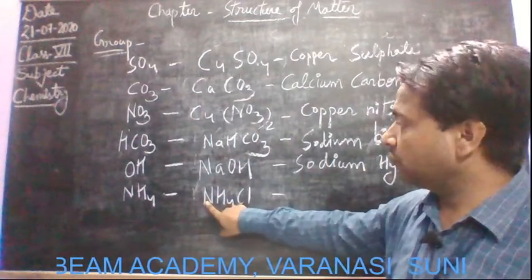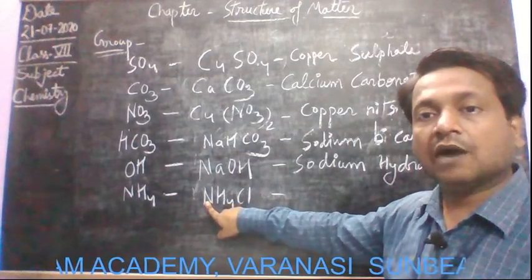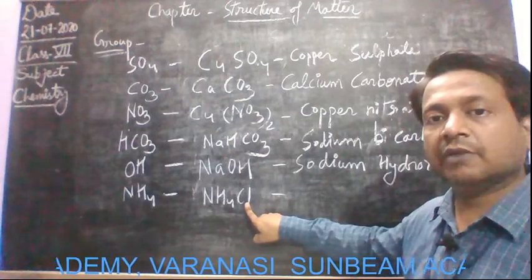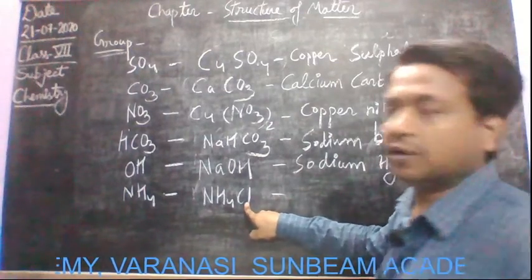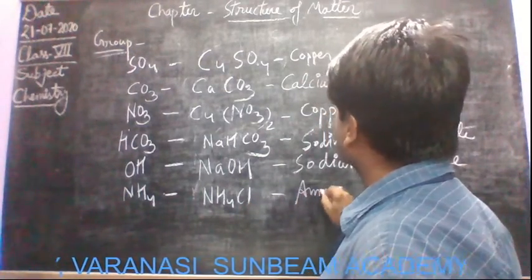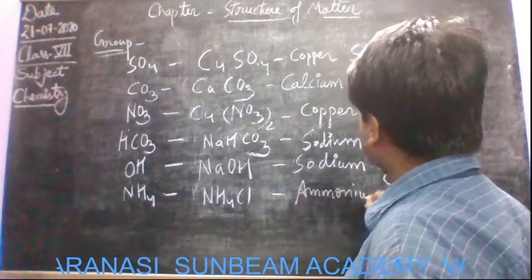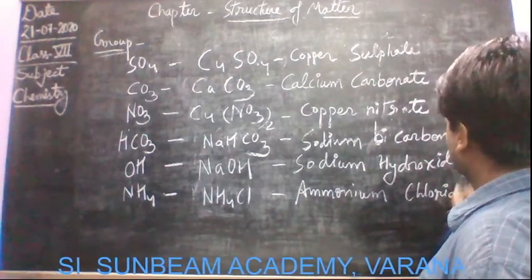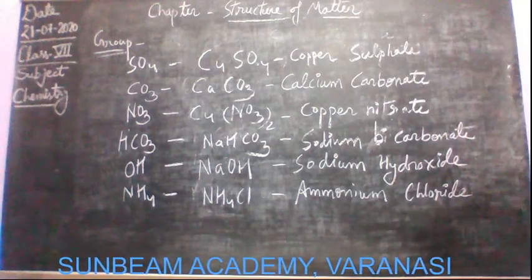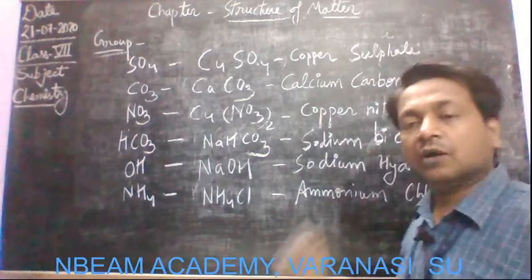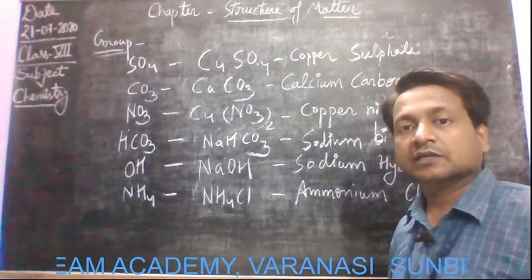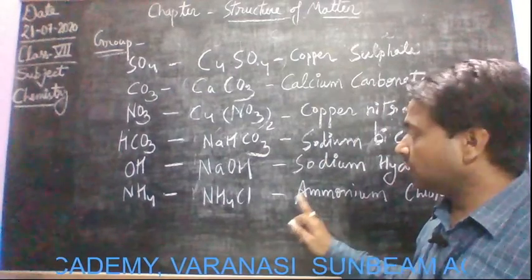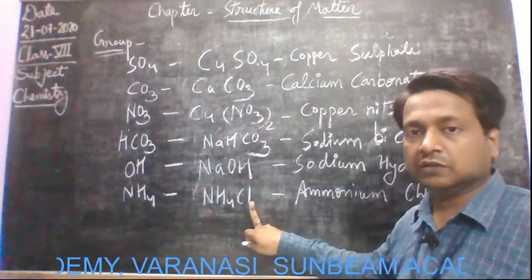NH4Cl: one molecule of ammonium group combines with one atom of chlorine and forms the compound ammonium chloride. So the compound ammonium chloride consists of one molecule of ammonium group and one atom of chlorine.